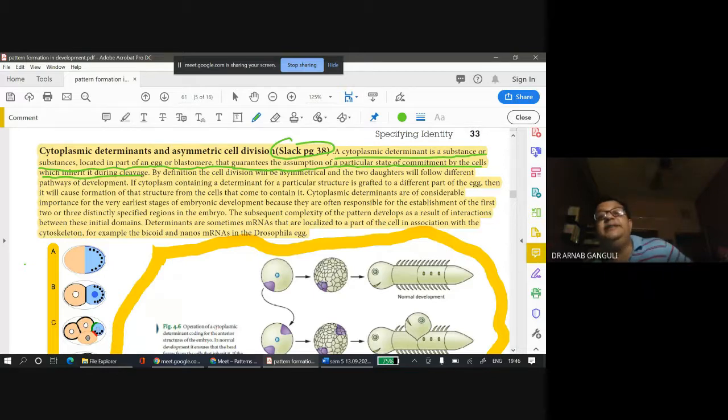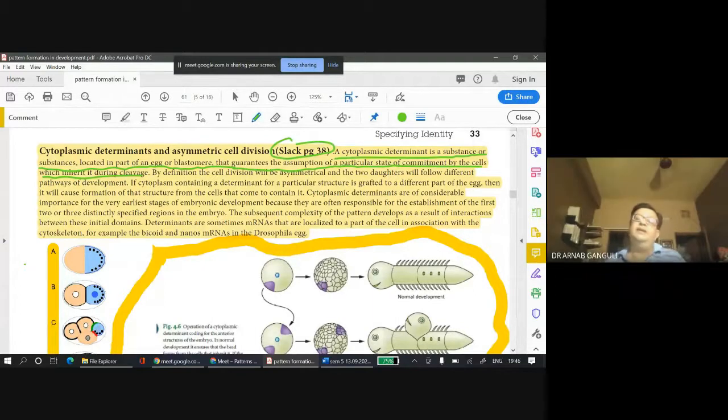So it is the same as a morphogenetic determinant, but it is present exclusively in the cytoplasm. A cytoplasmic determinant, because it is present in a part of an egg or a blastomere, guarantees that this particular part is going to become a head or a tail or a muscle or whatever.